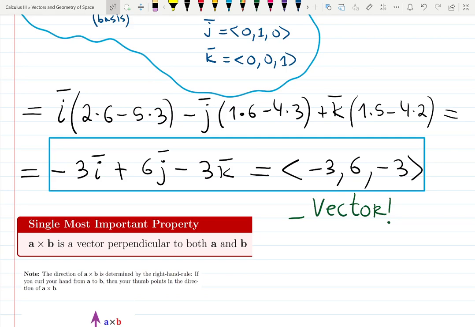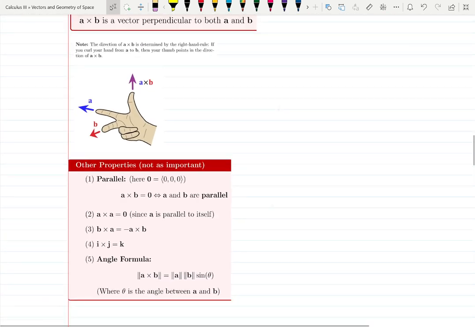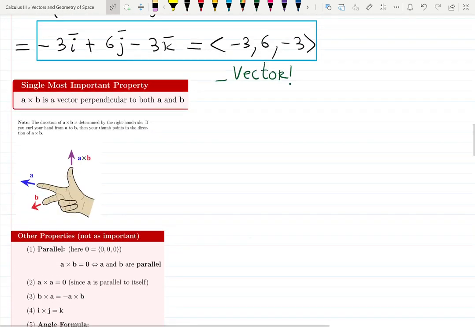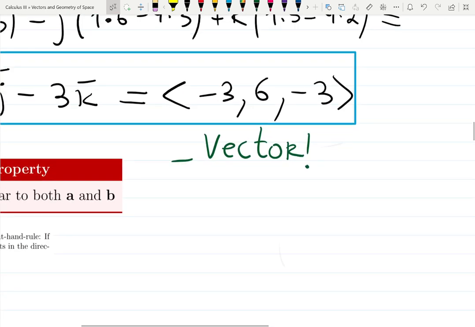The thing is, you can also check that it's a correct answer, and that's good news for you.